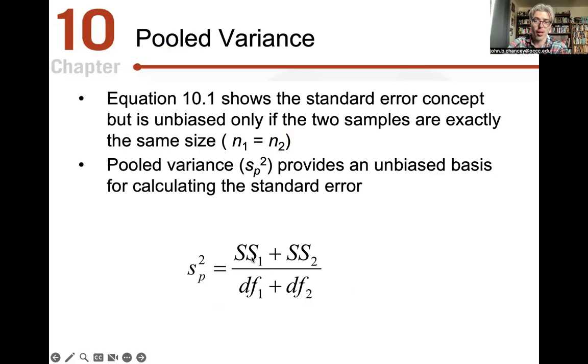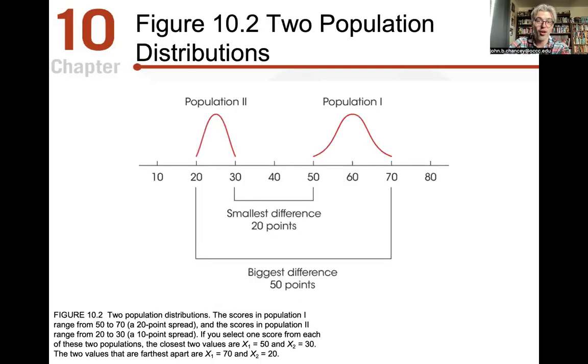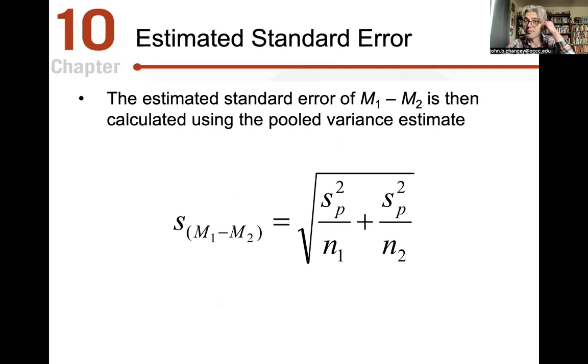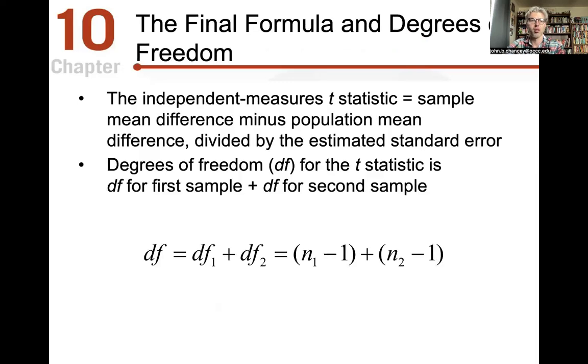In that case, we use sum of squares one for our first sample plus sum of squares two for our second sample, divided by degrees of freedom for the first sample plus degrees of freedom for the second sample. So this numerator might look a little different depending on what we know or don't know about our data. So the estimated standard error for mean one minus mean two is calculated using the pooled variance. So you can do it this way for estimated standard error.